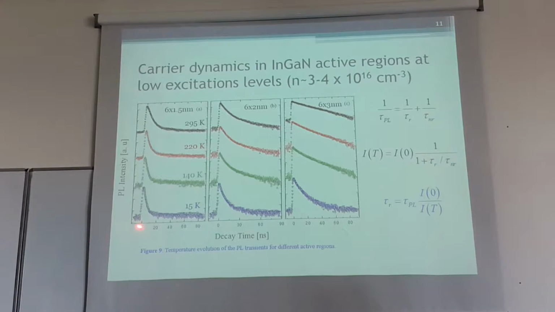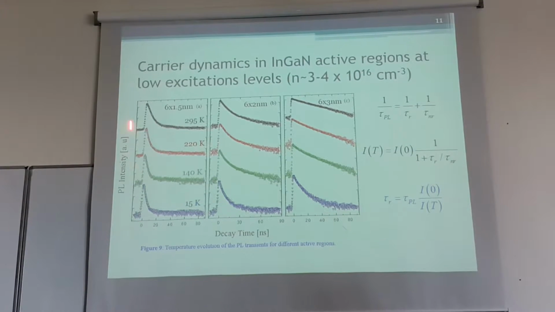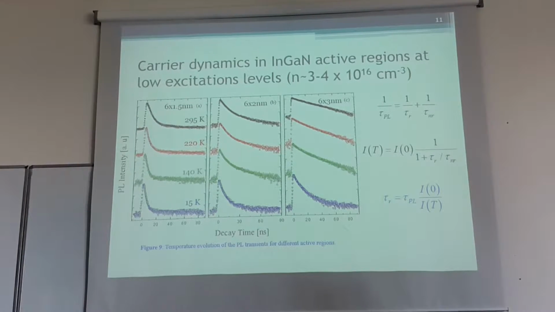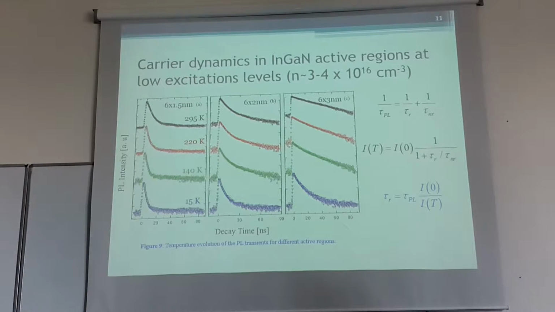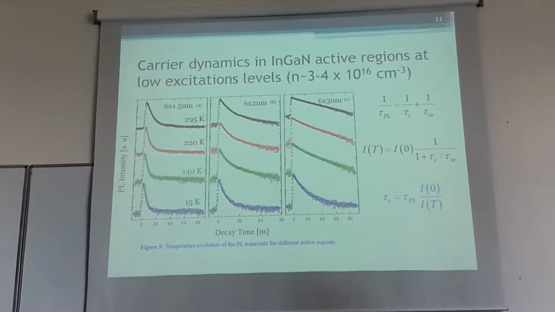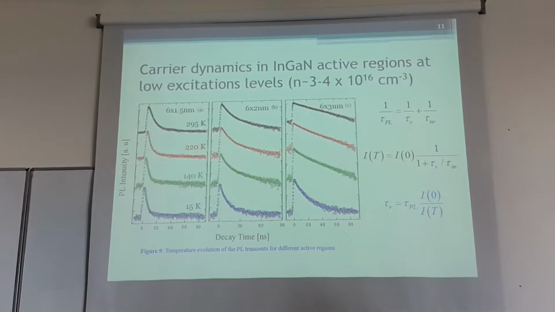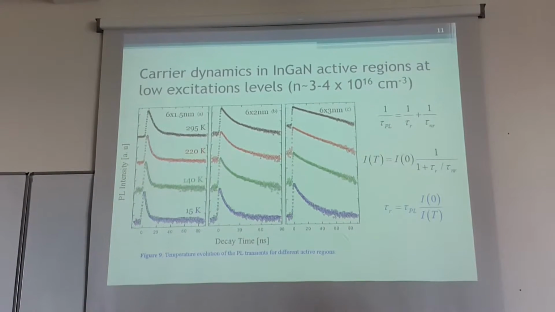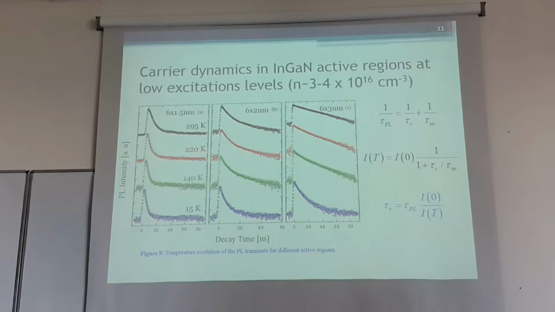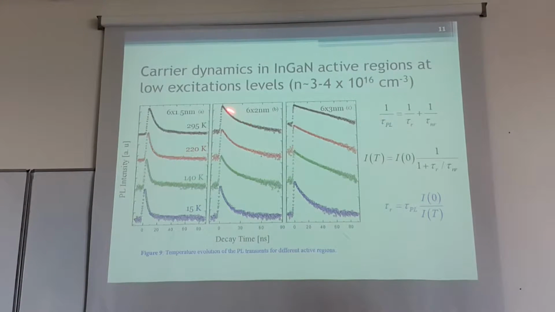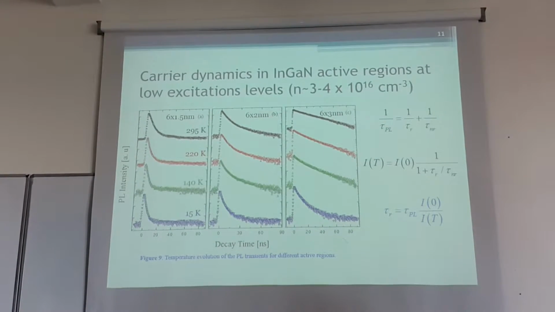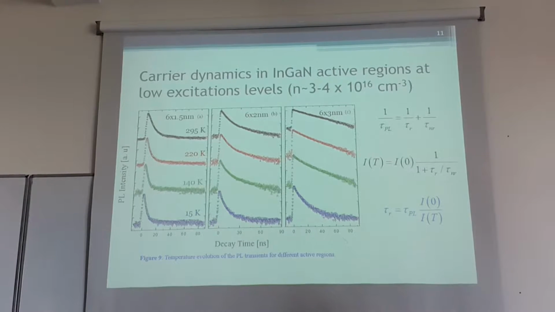At this level the excitation is given, and since this has a 150 femtosecond laser, at this point the excitation is removed, then the carriers started to recombine from this. And as you see, for different structures, we have different profiles.